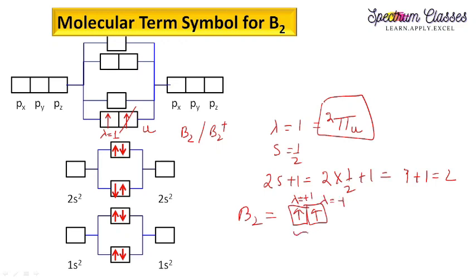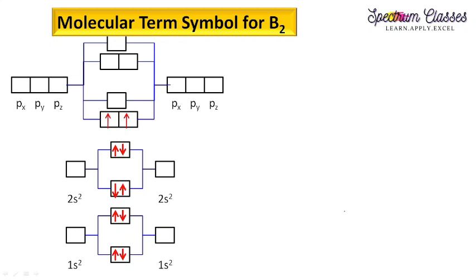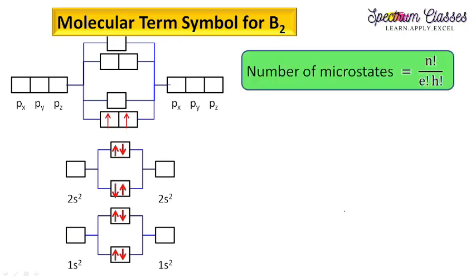These two electrons are known as equivalent electrons, and for equivalent electrons, as I told you earlier in atomic term symbols, we have to identify the number of microstates. I hope this point is clear to you. If we have two or more equivalent electrons, then we need to go for microstates.